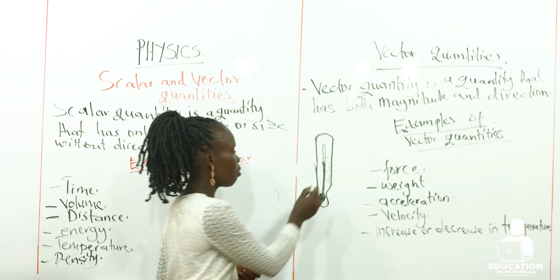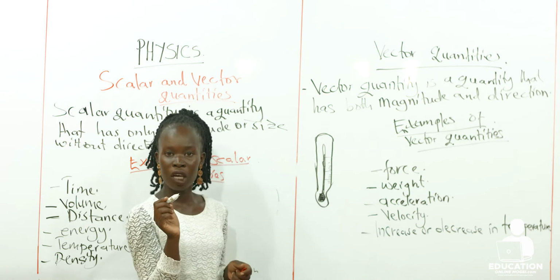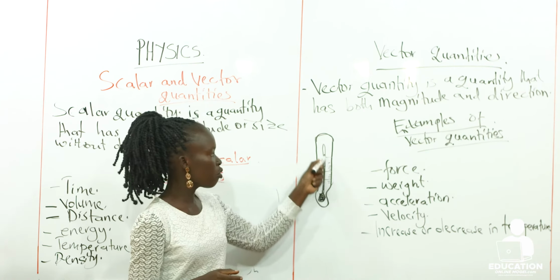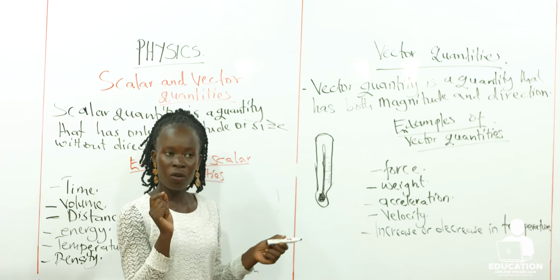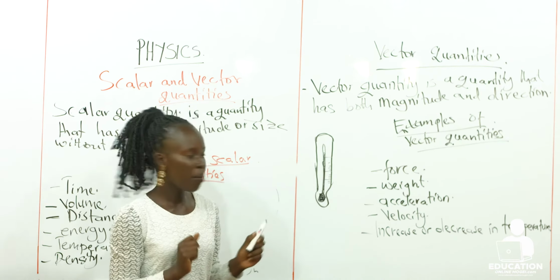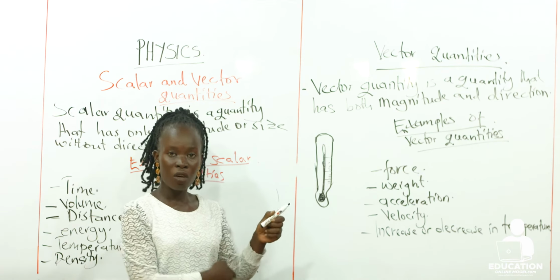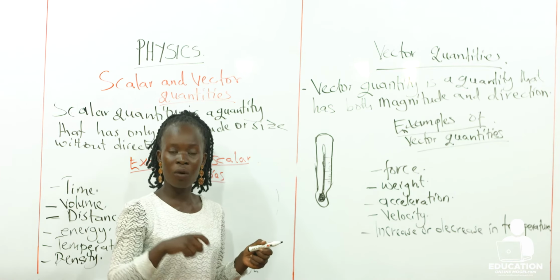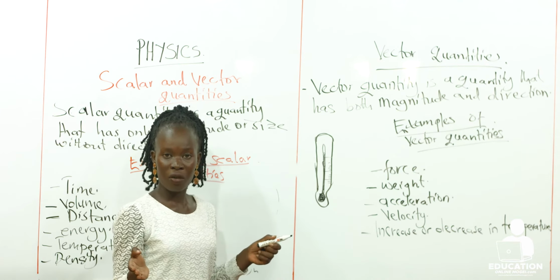So this movement here shows the direction of the temperature. You can say it is moving from the bulb up to this other scale here. So the decrease also gives it the direction. Imagine now, after pulling it out, you've checked my temperature, it's no longer on my body. It's now in another place, recording a different temperature, maybe just any other room temperature.